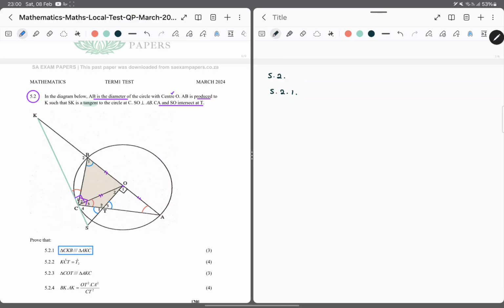Triangle CKB, this triangle over here, and triangle AKC, the big one. So we're trying to compare this big boy right here.